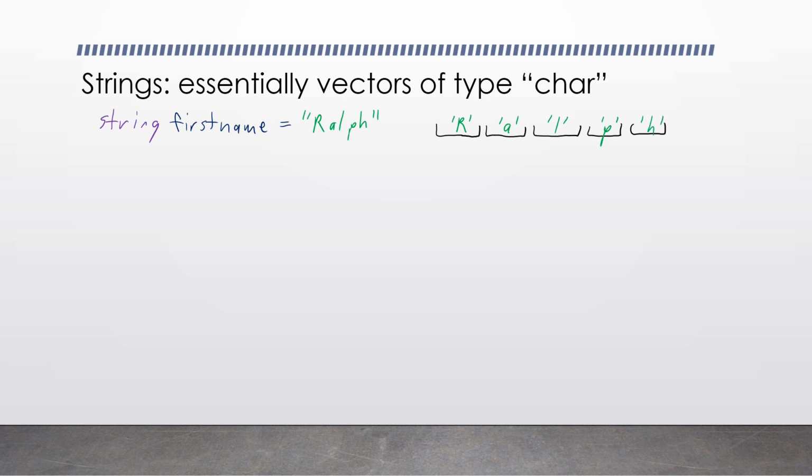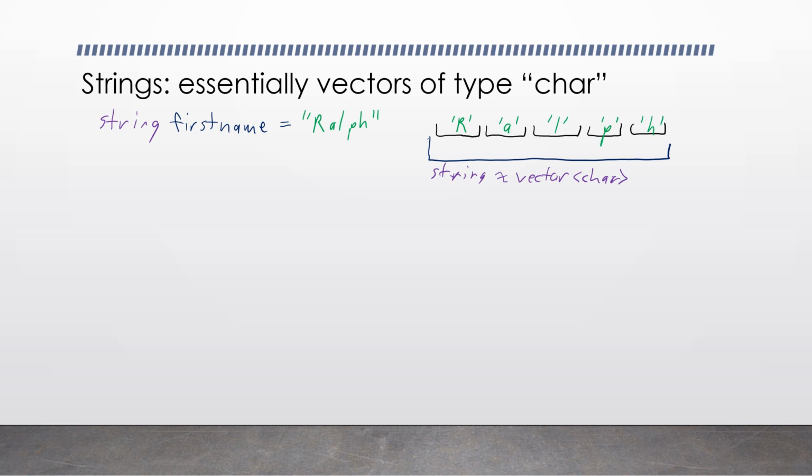Okay, so Ralph takes up 5 characters, so I have 5 memory boxes in this string, and each one is stored as an independent character. Now, the whole thing is lumped together as a type string, which is kind of similar to, but not quite identical to, a vector of characters. As we'll see on the next screen, there are some things that strings can do that a vector of char can't do.